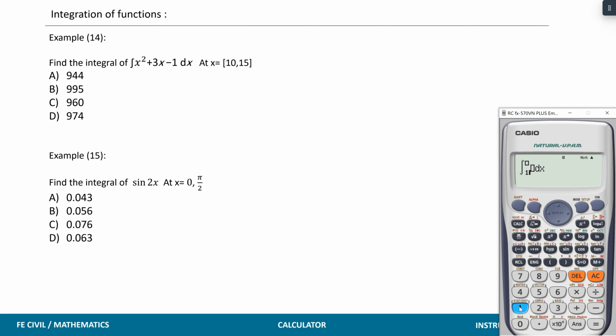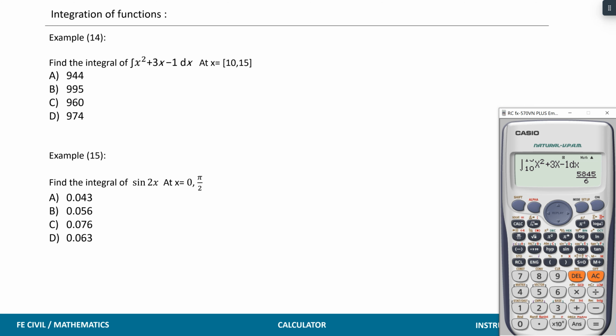So we add 10, 15, and we start adding the equation, which is x squared plus 3x minus 1, equal.